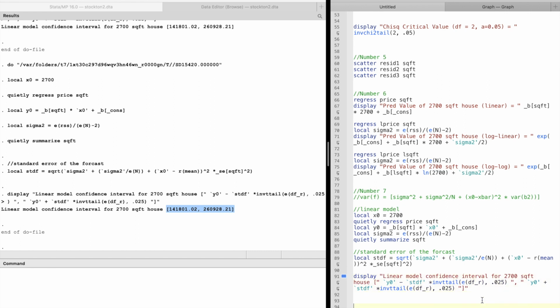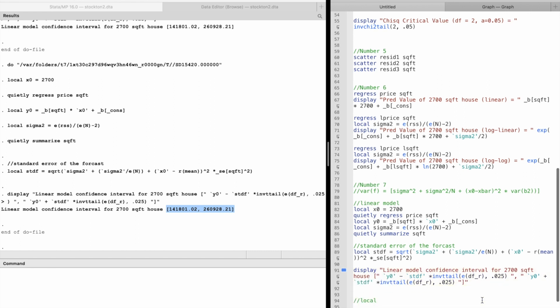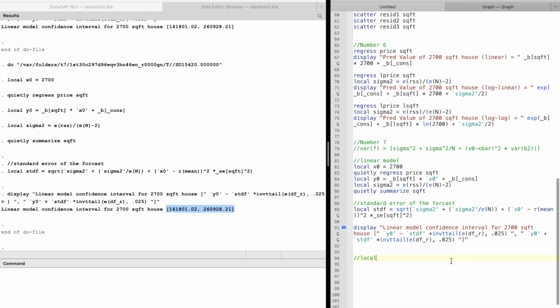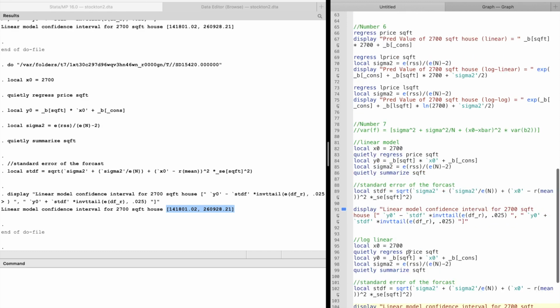So we have log linear. I'll just copy all this and see if we can just manipulate it. So we have L price.